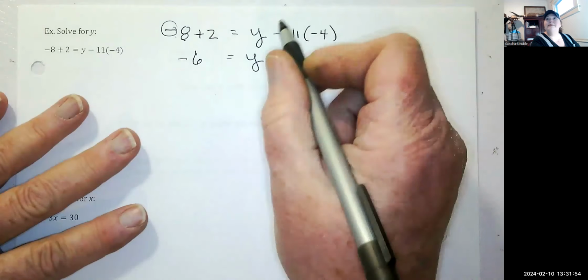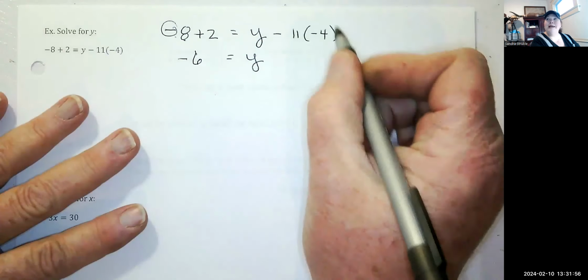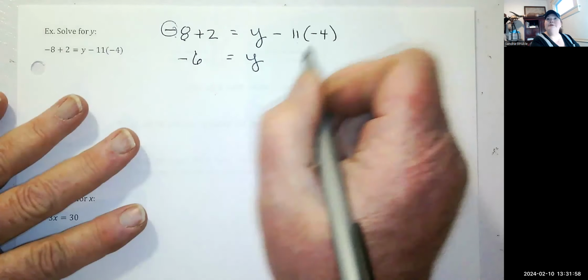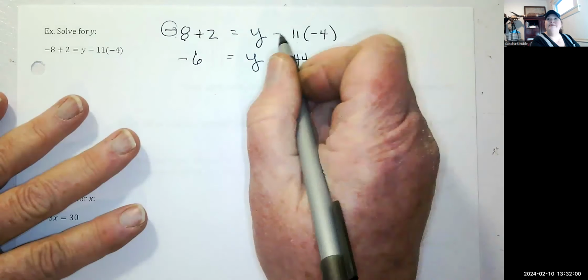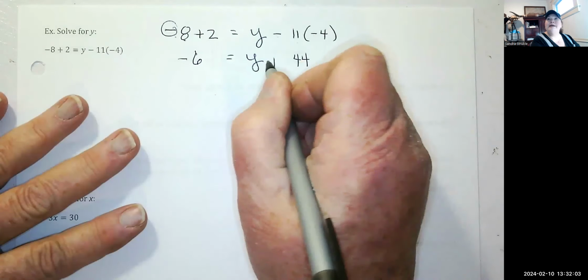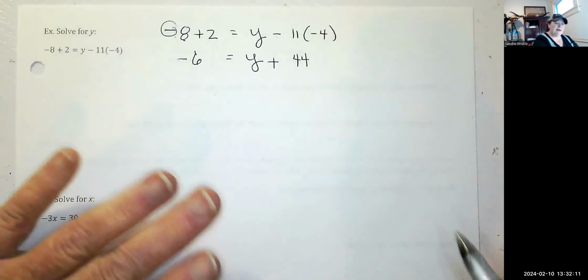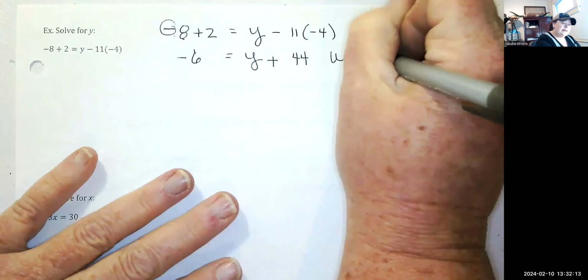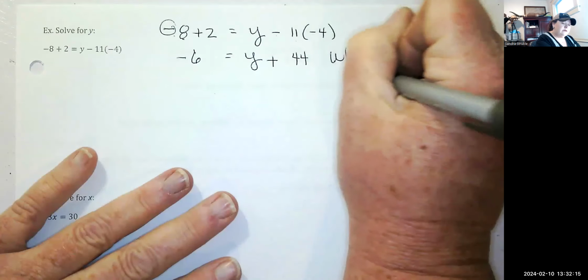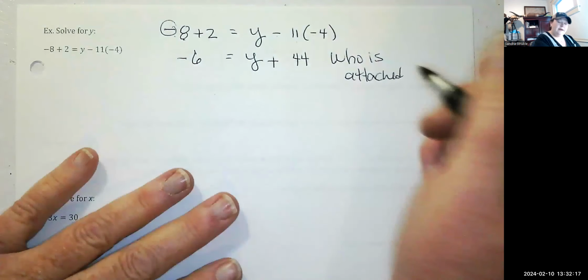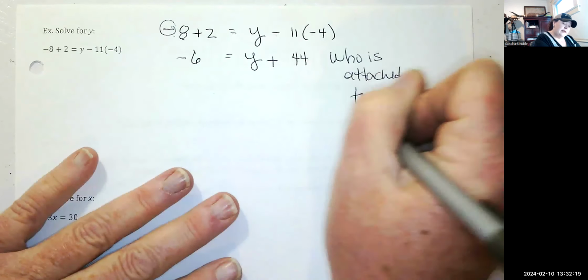I'm going to combine these two because it's multiplication. 11 times 4 is 44. The signs are the same. So negative times the negative is a positive. All right, now it looks much easier. Now I can ask my question, who is attached to Y and how?